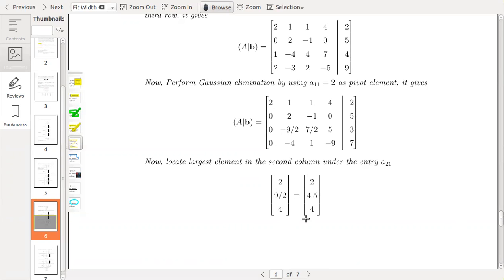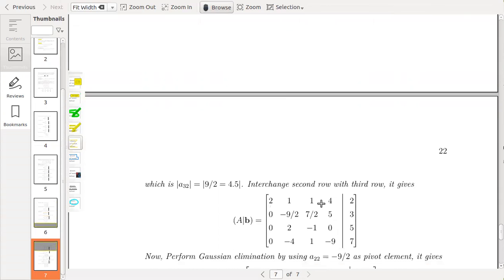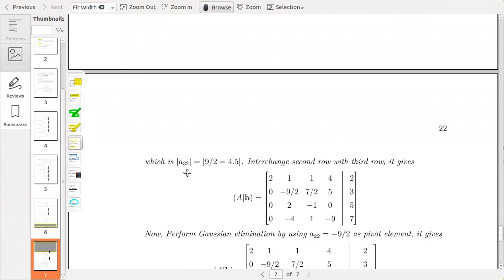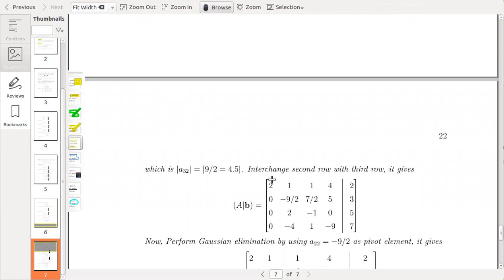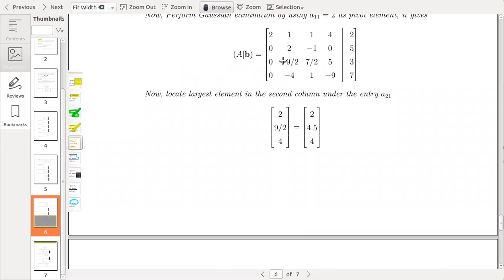Okay, so if we simplify 9 by 2, it is 4.5. Which is a32 equal to 9 by 2 equal to 4.5. So actually the highest value is 9 by 2.